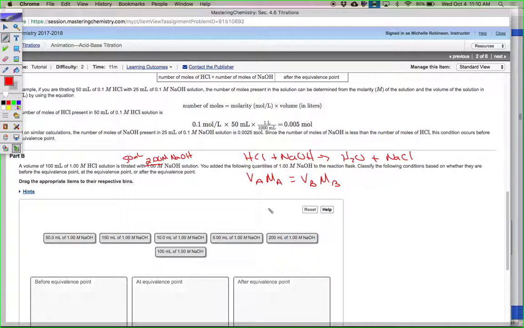If I know that there's 100 milliliters of 1 molar, and I changed the base to 3 molar, what would the milliliters be at the equivalence point? 100 divided by 3, which ends up being 33 milliliters. So the equivalence point is going to happen when I use 33 milliliters of NaOH.